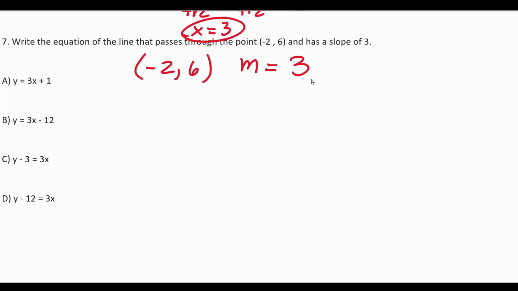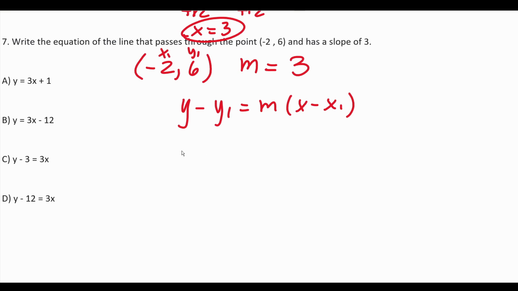In my view, the easiest way to solve this one is to plug these values into the point slope equation. And again, that's this: y minus y1 equals m times x minus x1, where y1 and x1 refer to the values of the ordered pair that you're given, and m, as I just mentioned, refers to your slope. Again, we can regard this as x1, y1.